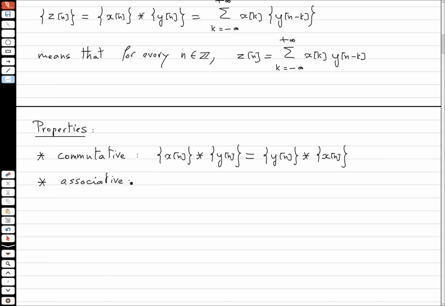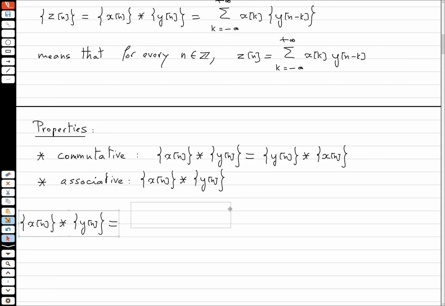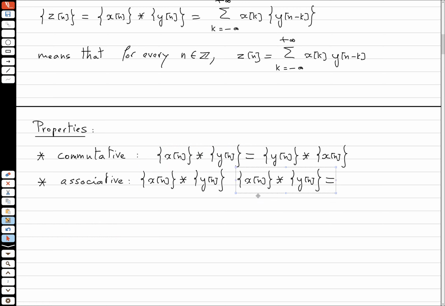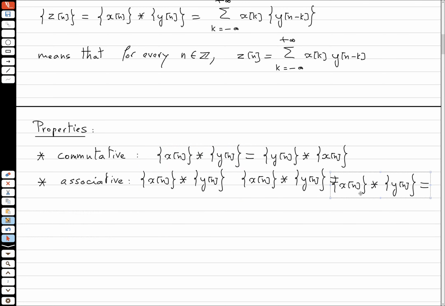It is also associative. So what does it mean, associative? This is a problem when you want to convolve three sequences together.